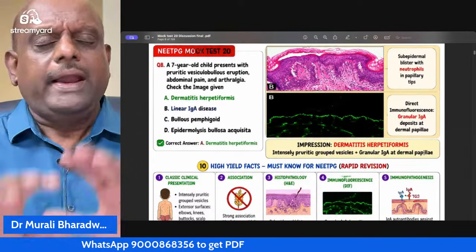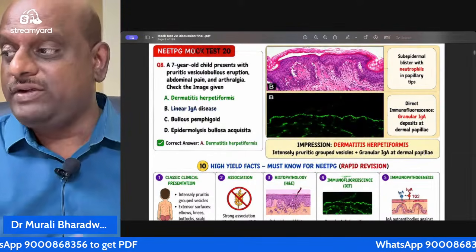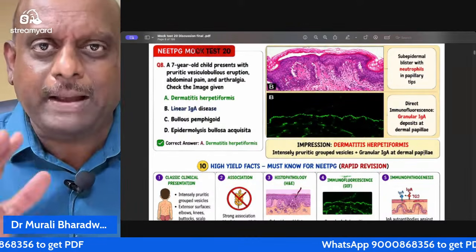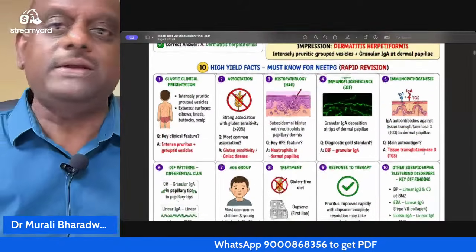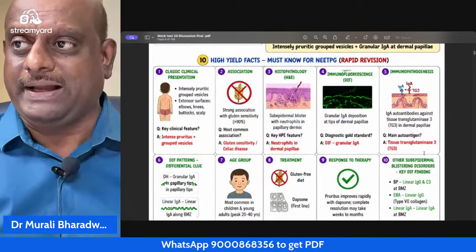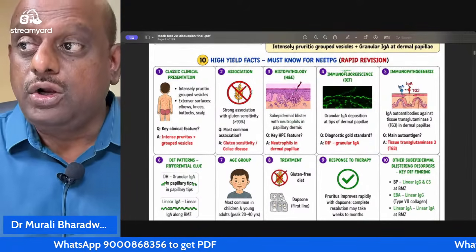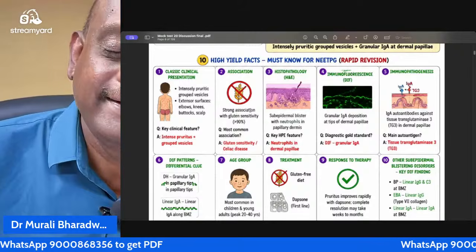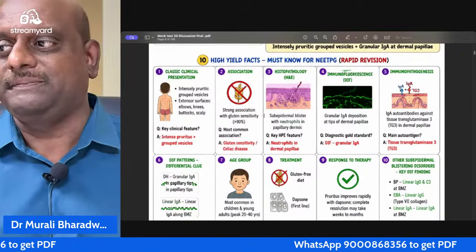So any intensely pruritic grouped vesicles with IgA at dermal papillae is equal to dermatitis herpetiformis, is what we need to basically remember. Then gluten sensitivity, most common association with dermatitis herpetiformis.